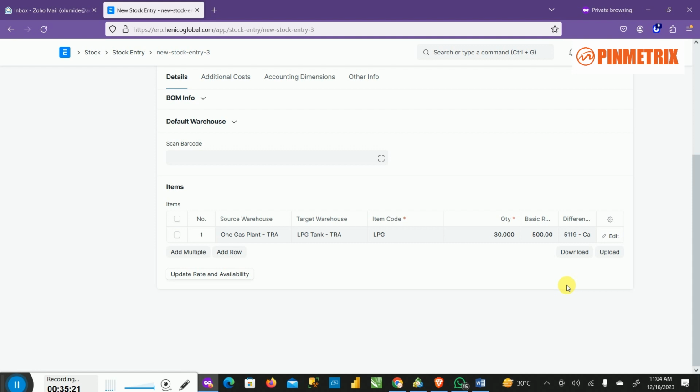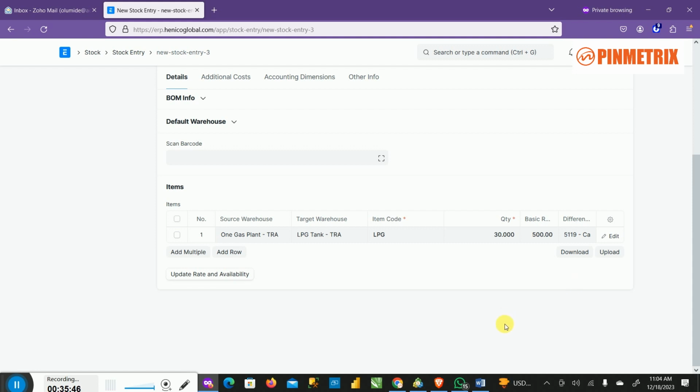But in this situation, you can as well pick your stock adjustment here. You understand? So you pick your stock adjustments here, which is more of your cost of sales account. You can just put it there.